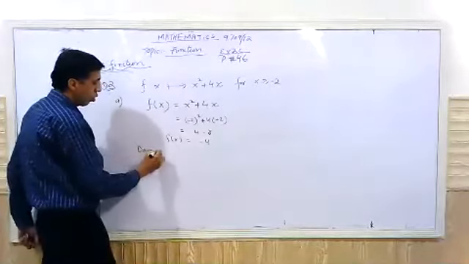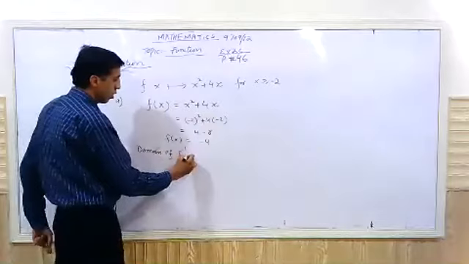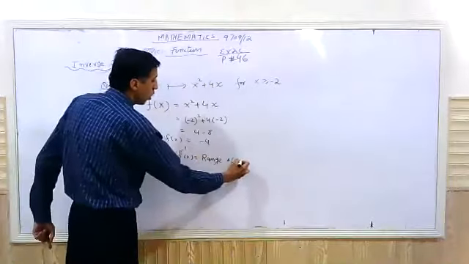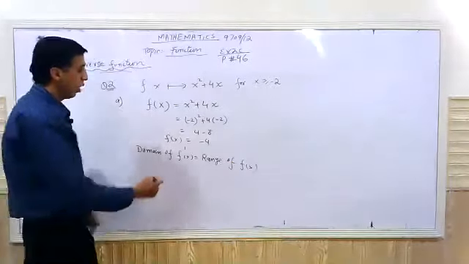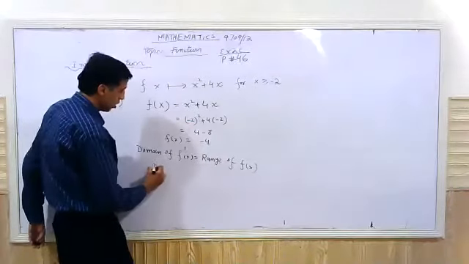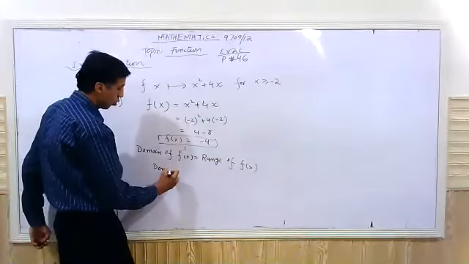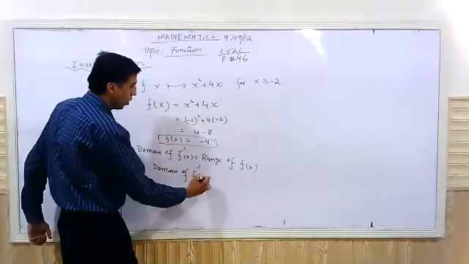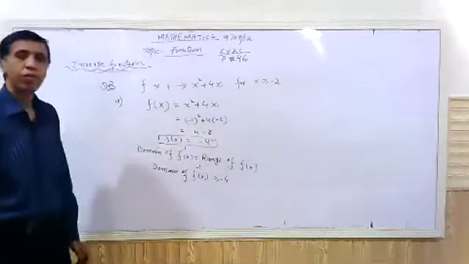What I have told you, domain of f inverse is equal to range of f. So the range of f of x, we got -4. So we'll write the answer, domain of f inverse x is greater than or equal to -4.